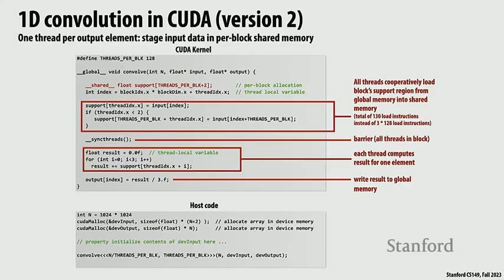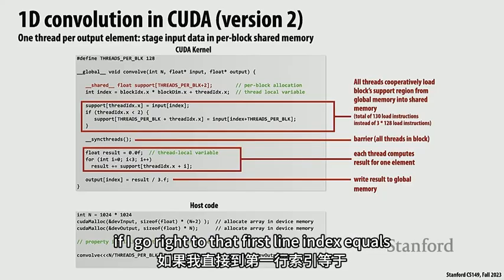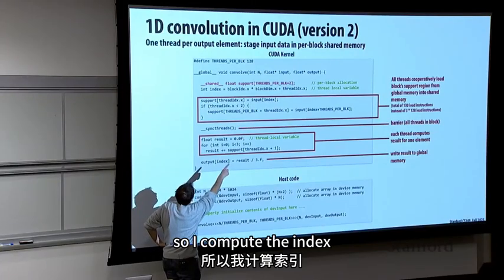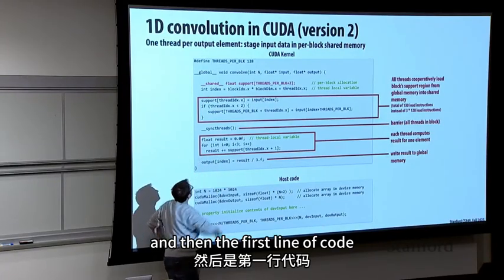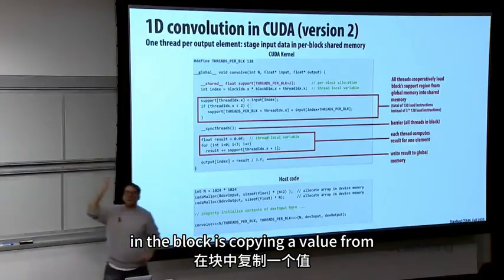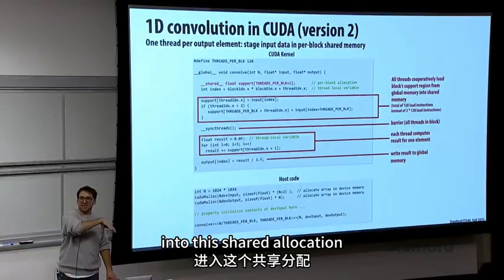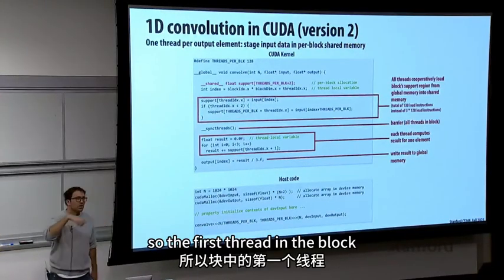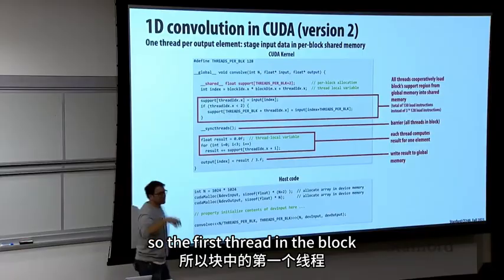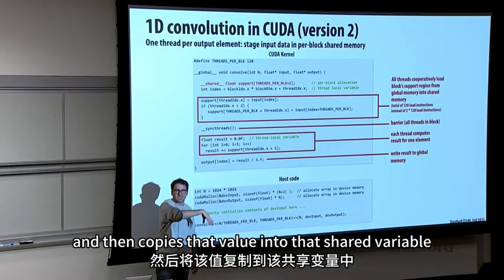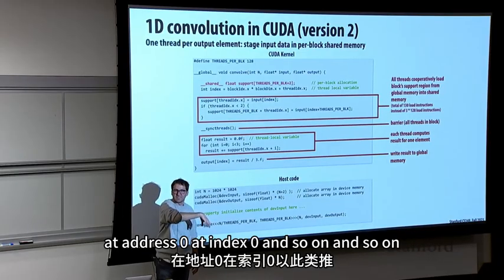loads one value. If I go to that first line, I compute the index, and then the first line of code in the block is copying a value from the input array into this shared allocation. So the first thread in the block computes something and then copies that value into that shared variable at index 0, and so on and so on.